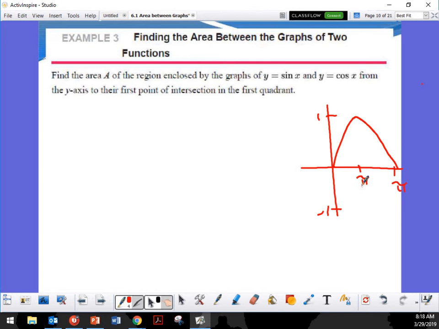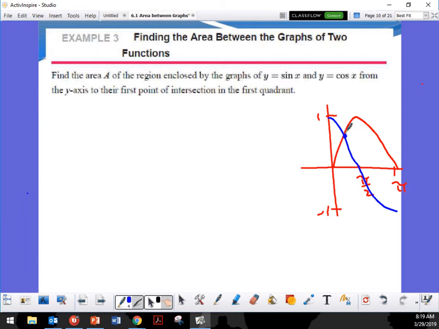This is pi over 2. Now cosine starts at 1, and at pi over 2 it's 0, and it goes to -1 here. So right here is the point of intersection.